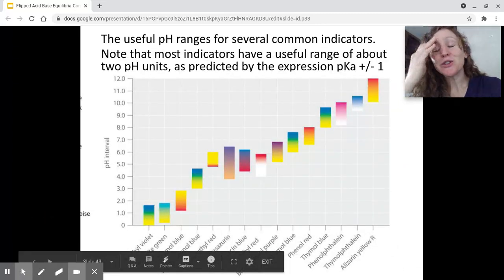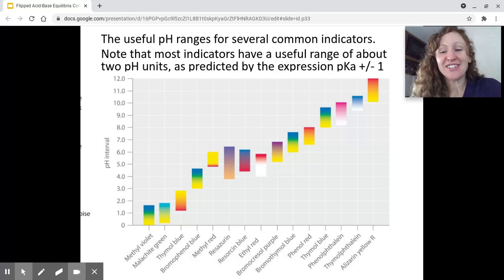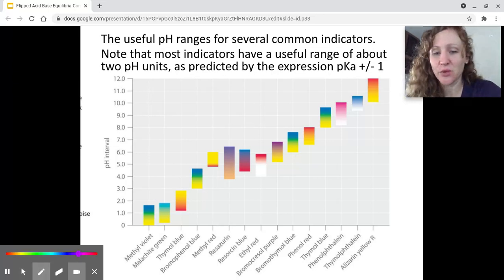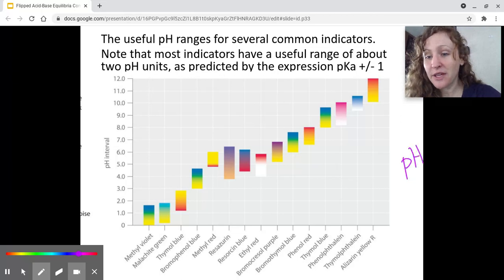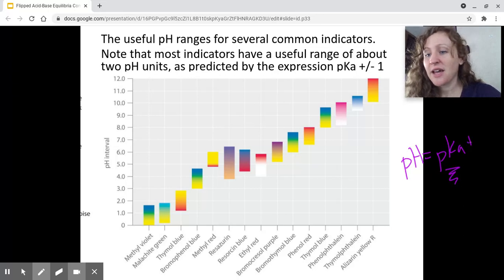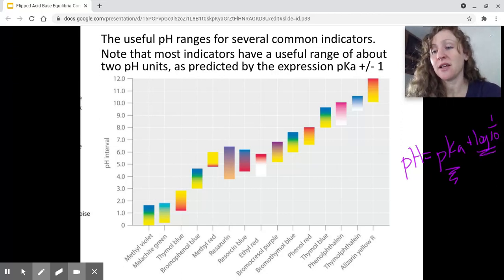Okay, finally we get to looking at a couple common indicators. So this chart shows you the color change that occurs for a bunch of different indicators. Remember that the pH of the color change is dependent on the Ka of the acid. And if we're going from acid to base, it's going to start at about a ratio of 1 part A minus over 10 parts HA.